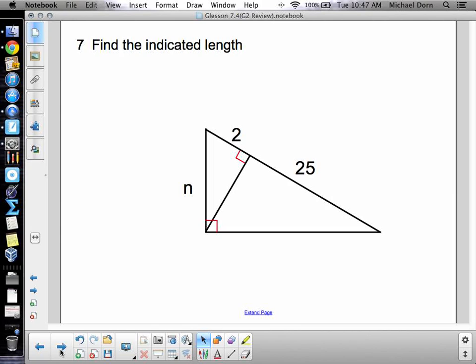The n is the hypotenuse of that small triangle. You've got an n in the wrong spot. You have to really make sure you're identifying short leg, long leg, hypotenuse. Yes, that's it. You're right, just gotta simplify that.